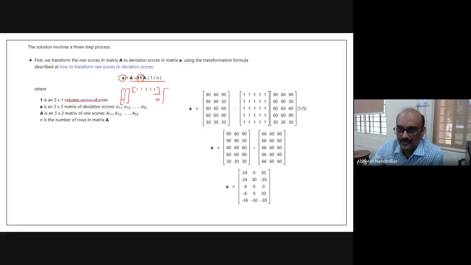So that will give you 1 1 1 1 1, then 1 1 1 1 1, like this. So it will be a 5 by 5 square matrix. Okay, so this one is 1 into 1 transpose.